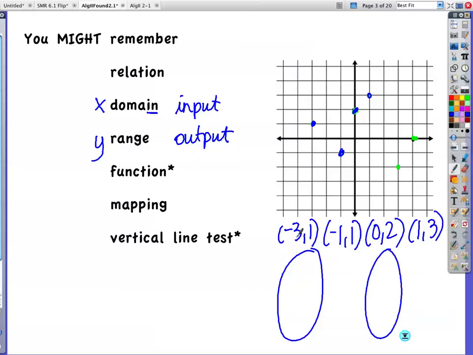You would put your domain, your x values, in the one circle, and your range, your y values, in the other one, and we do a little cutesy thing like this. -3, -1, 0, and 1. Then I think just for fun, I'm going to go green. 1 goes over here. I've got 2, and I've got a 3.